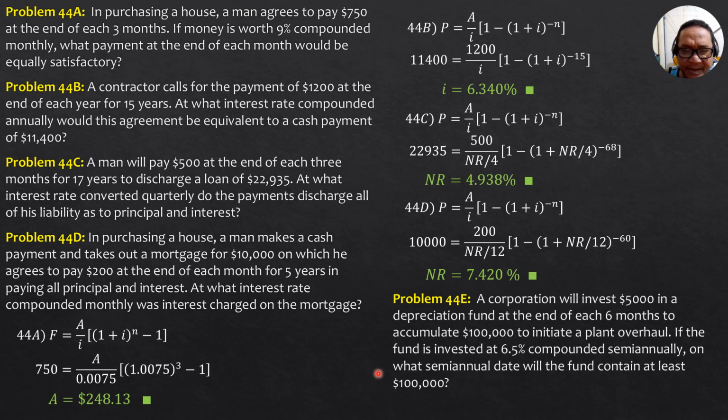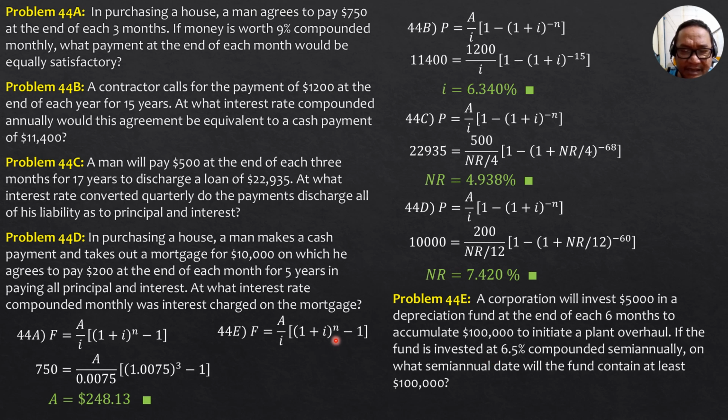So this is the future worth, then F equals A over i, quantity 1 plus i to the n minus 1. Then F is equal to 100,000, and it should be less than or equal to A, which is 5,000, over i, the nominal rate divided by 2, so 6.5 divided by 2, so that is 0.0325.